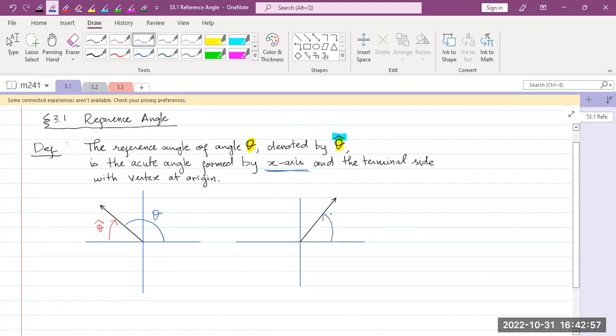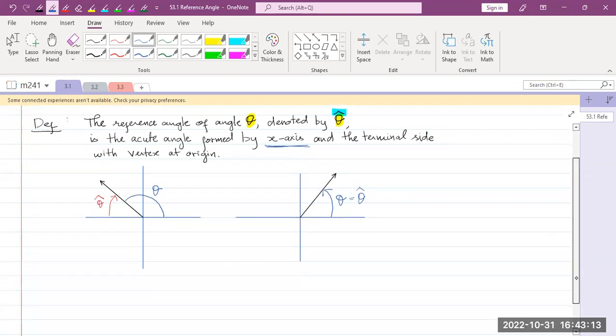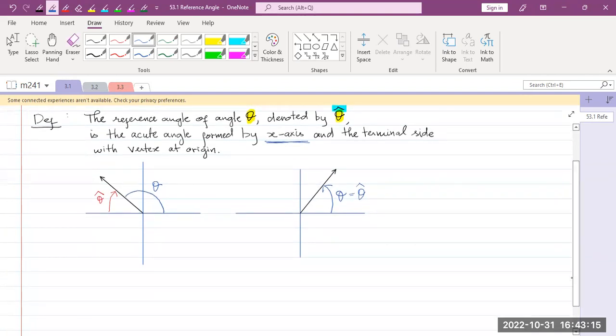Then the reference angle will be the same as that theta, because it's already an acute angle, right? It's already an acute angle from x-axis. Okay, if theta is in quadrant 2, like the picture I showed you earlier, then the reference angle is from negative x-axis to the terminal side. Okay, now let's go on.